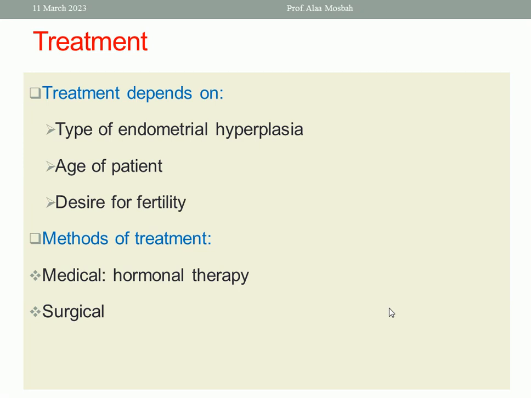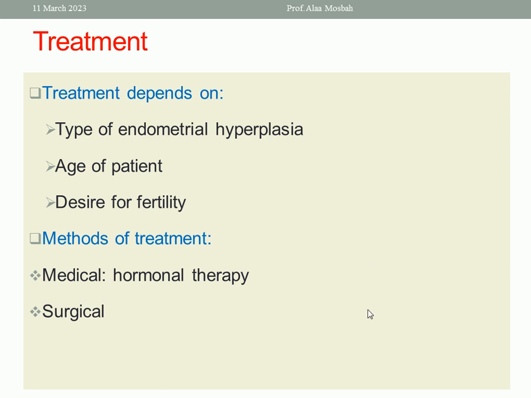Okay, what is the treatment? Treatment will depend on which type of endometrial hyperplasia. Is it endometrial hyperplasia without atypia or with atypia? Age of the patient, is she premenopause or postmenopause, desire for fertility or not. All of these are important factors.